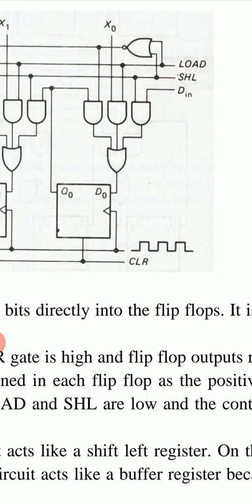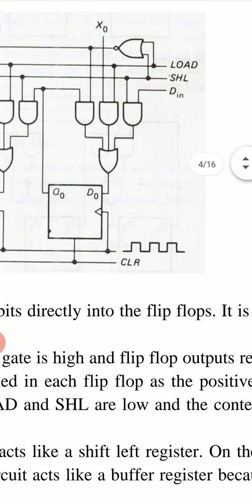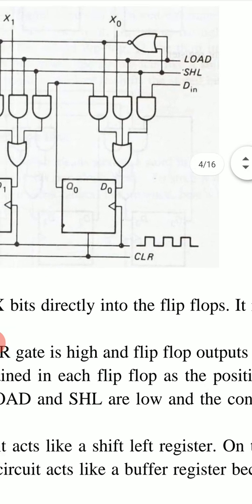The other input of it is Q0. So this Q0 will go to D0. In this case, when load is 0, SHL is 0, the left AND gate will be enabled because the output of the NOR gate is 1. And output Q0 goes to D0, hence this Q0 is retained.